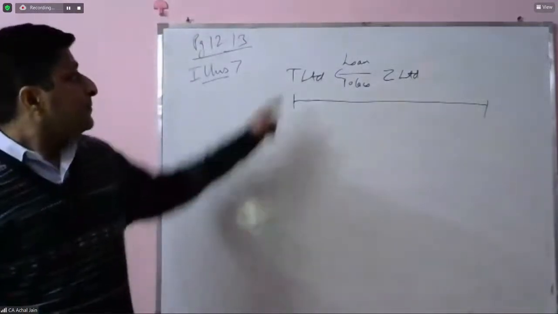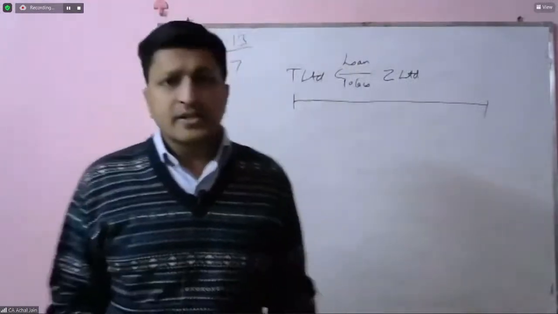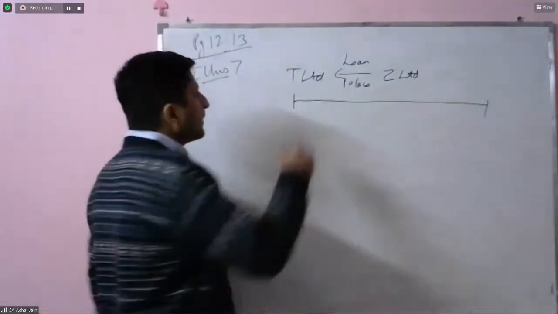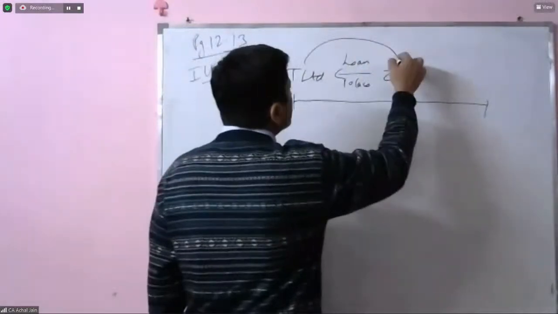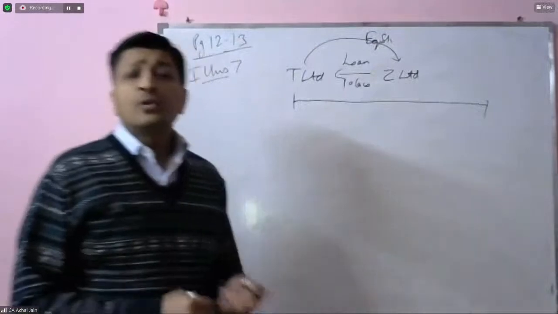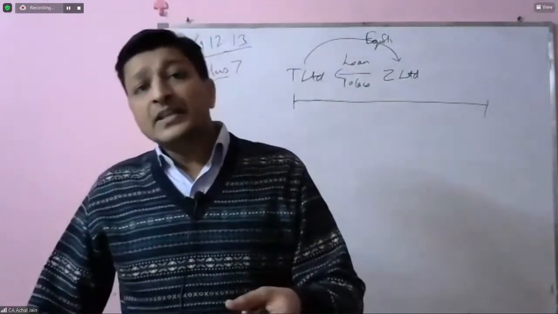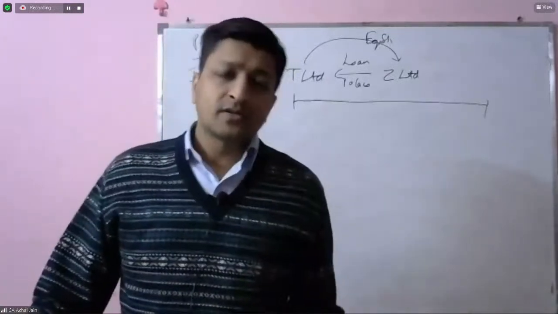So that means T Limited will not repay this amount in cash. Instead, T Limited will issue equity shares. So the settlement will be through equity shares. So, settlement in the entity's own equity instruments.